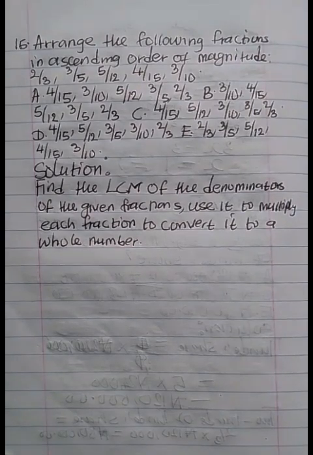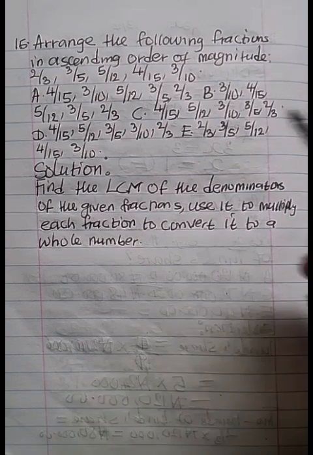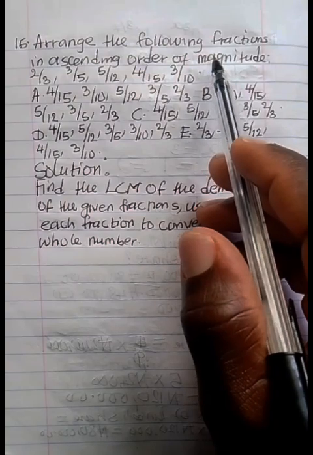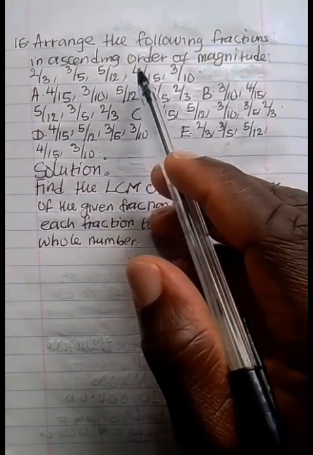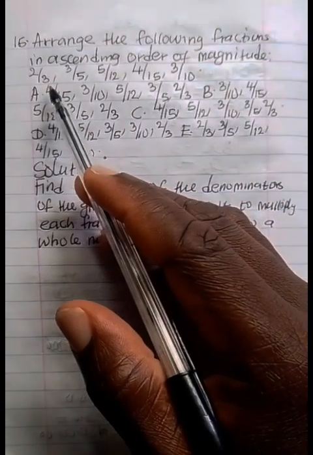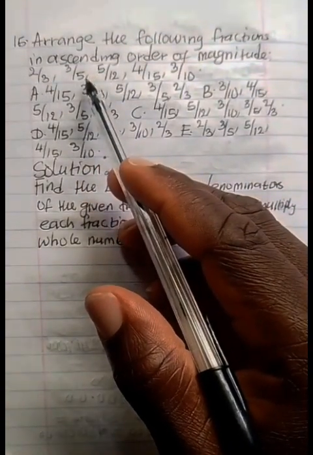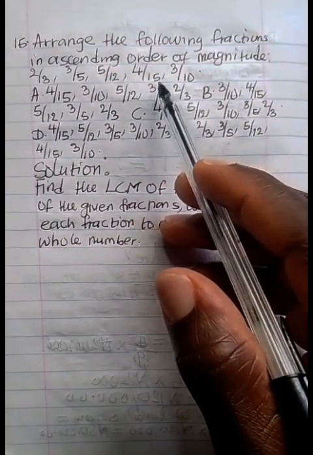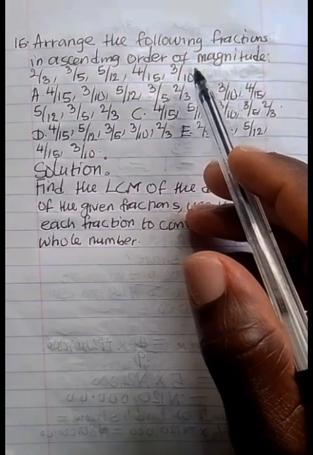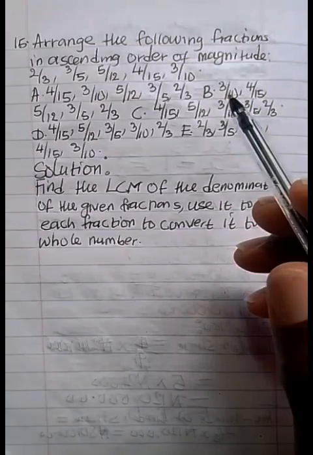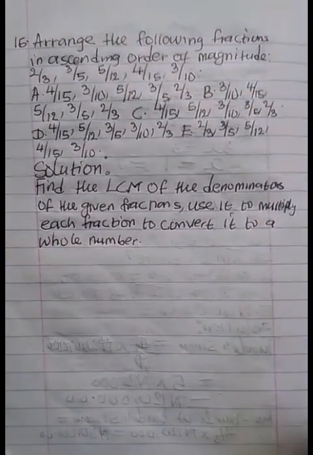Question 15. Arrange the following fractions in ascending order of magnitude, that is, in increasing order: 2 over 3, 3 over 5, 5 over 12, 4 over 15, 3 over 10. You have the various options. Solution.